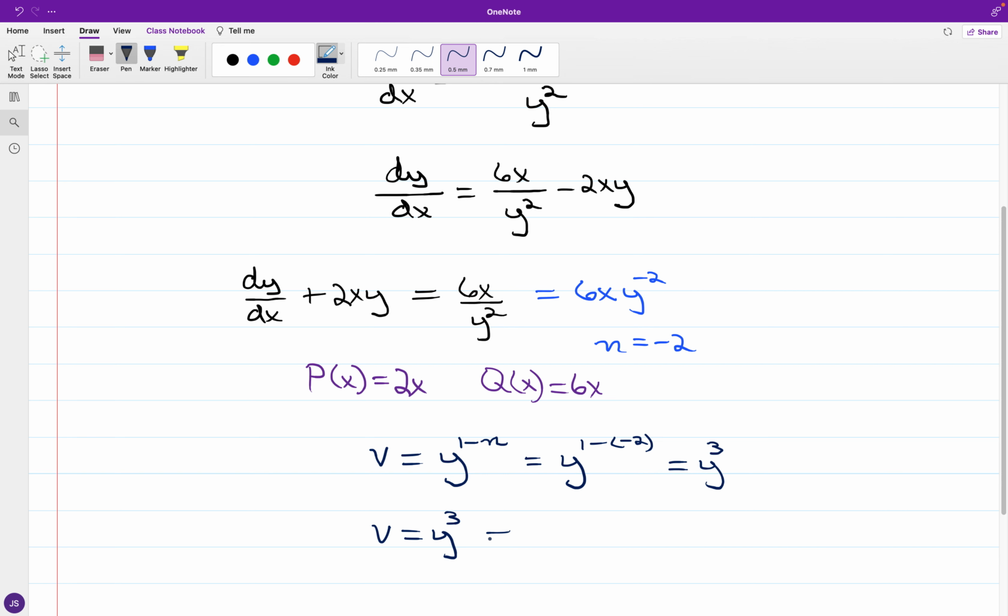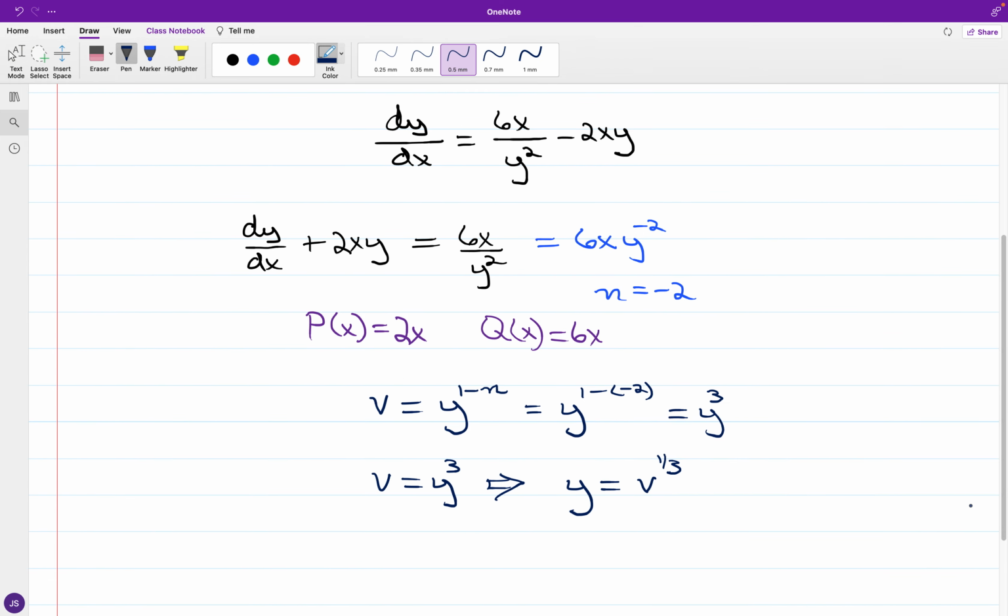If I rewrite this in terms of y, I can take the cubic root of both sides and say that y is equal to v to the 1/3, and take the derivative with respect to x.